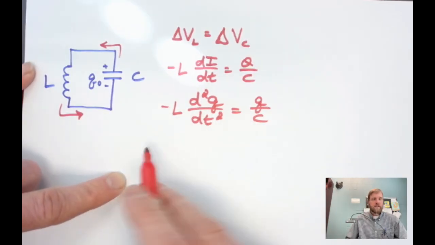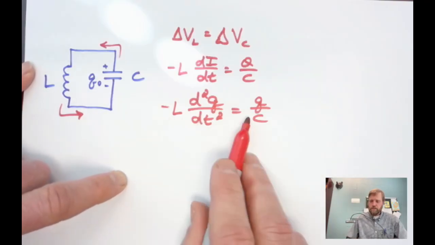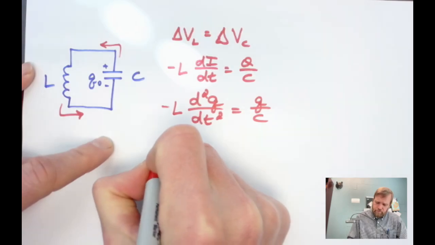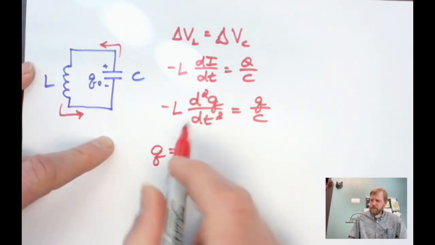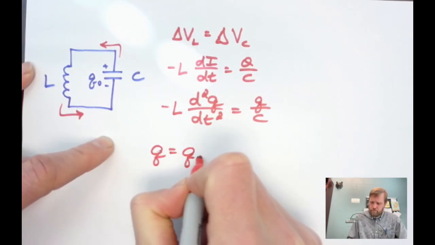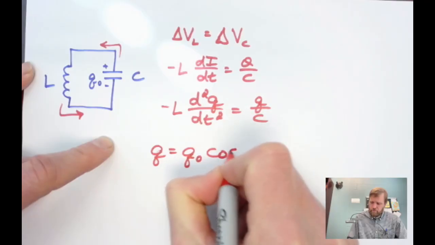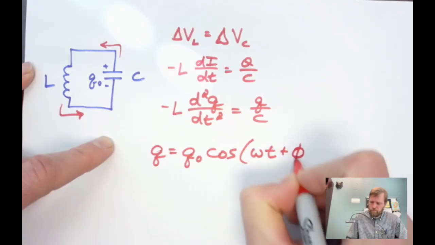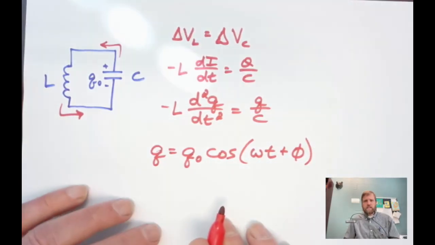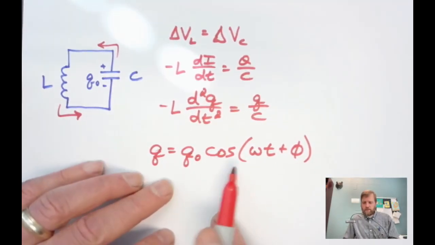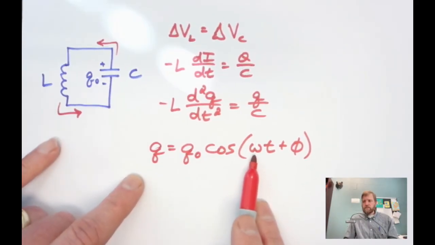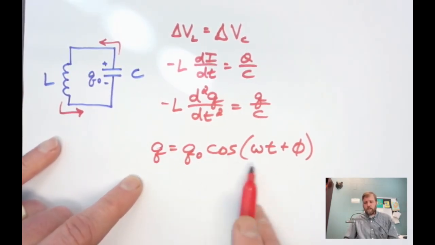The sine function also would serve the same purpose, but we'll just use the cosine function. The function that satisfies this is the cosine function, where omega is the angular frequency for this oscillation.